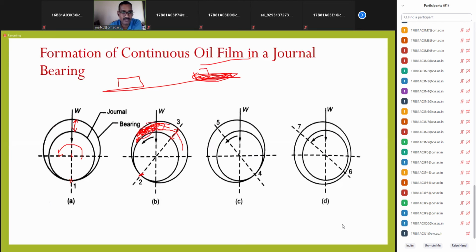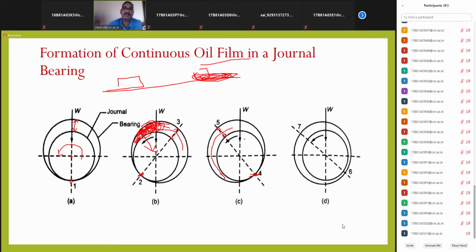So here the oil will be accumulating, and because of this, what happens? This will try to push the shaft to the other direction, right? So that is how the point of contact will be changed from this point to this point, and again here the gap will be more, because it is exactly the opposite side. Again the oil will be accumulating here, again it will be pushing to some other direction, right?